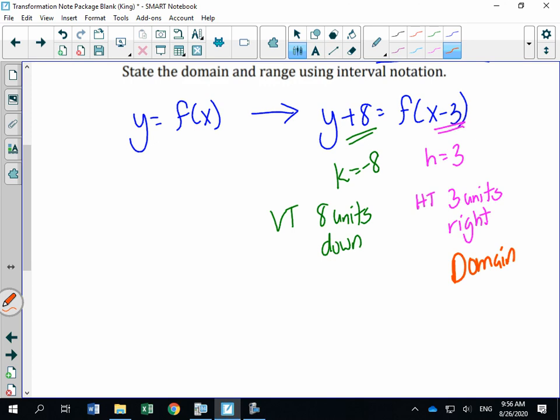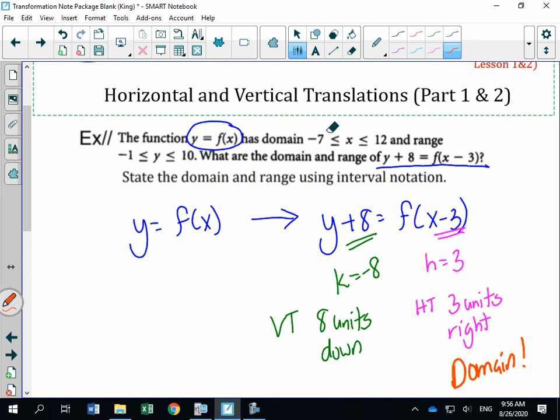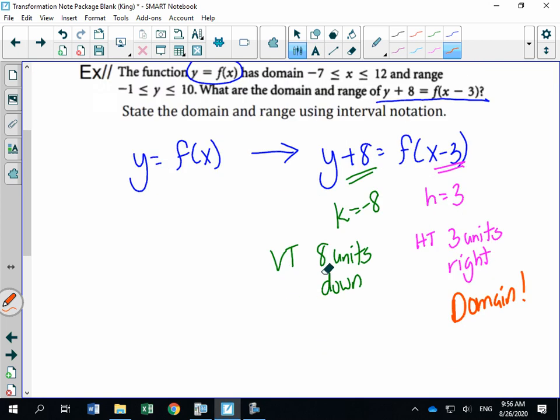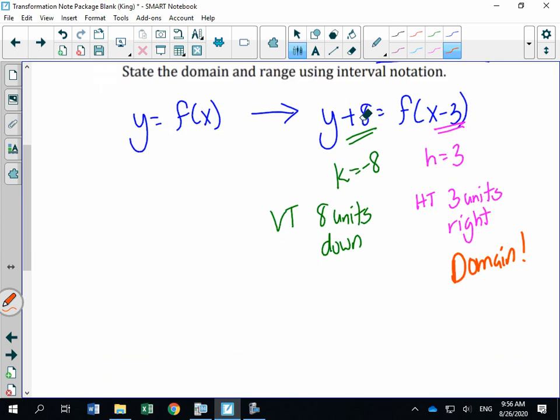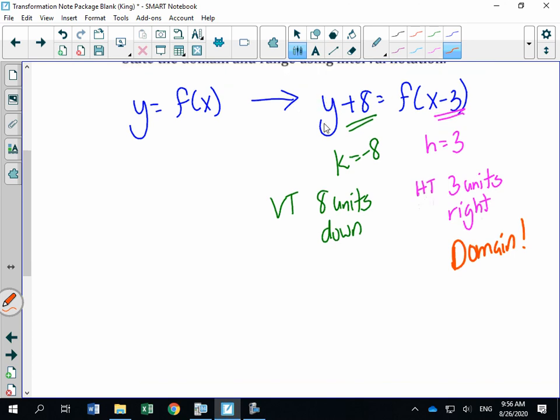So what we're going to be doing to each x coordinate on our domain is move it 3 units right. Then our range: the k parameter is next to your y, so this is going to affect your range. The k value always affects your range.